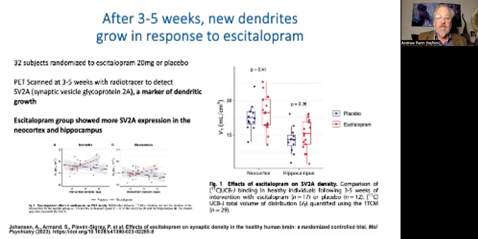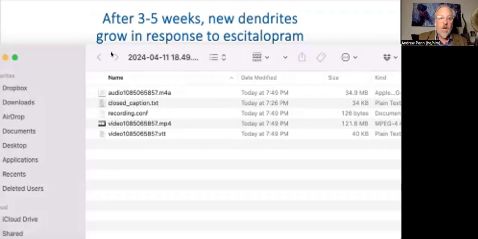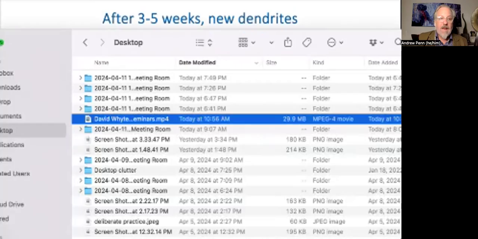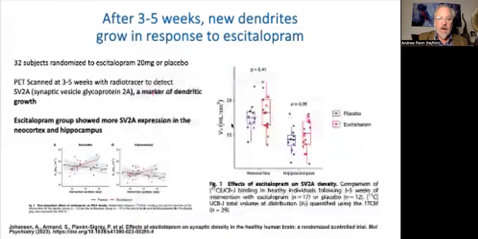So this is evidence that what we're actually doing when we give somebody an antidepressant is inducing neuroplasticity, albeit slow moving neuroplasticity. And I think with that, we can go ahead and wrap up here.